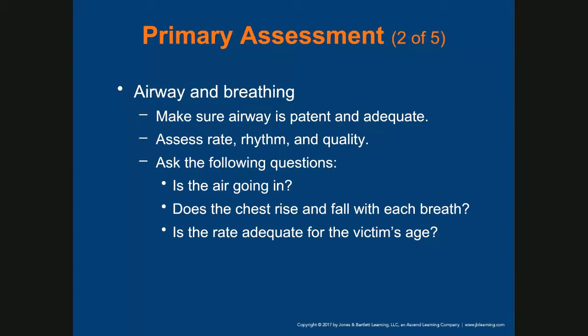So there are 6 patient presentations that you must anticipate when you go in the field, right? So your patient can present 6 ways. The patient can be responsive. So you can have a responsive patient. You can have a semi-responsive patient, and you can have an unresponsive patient, right?